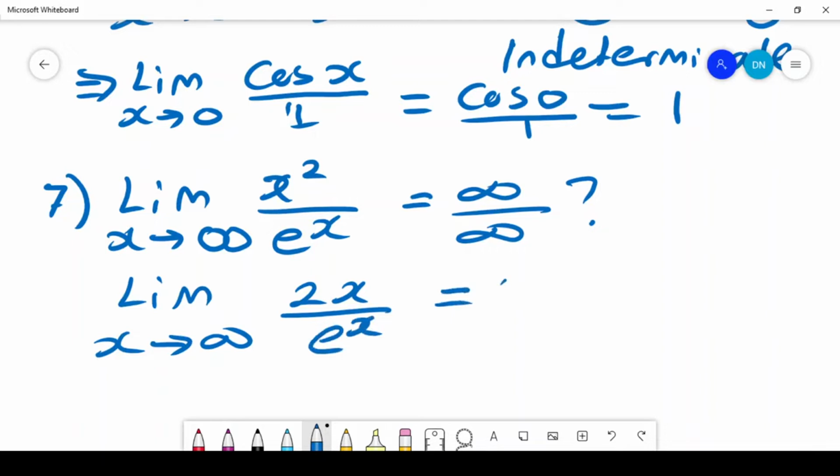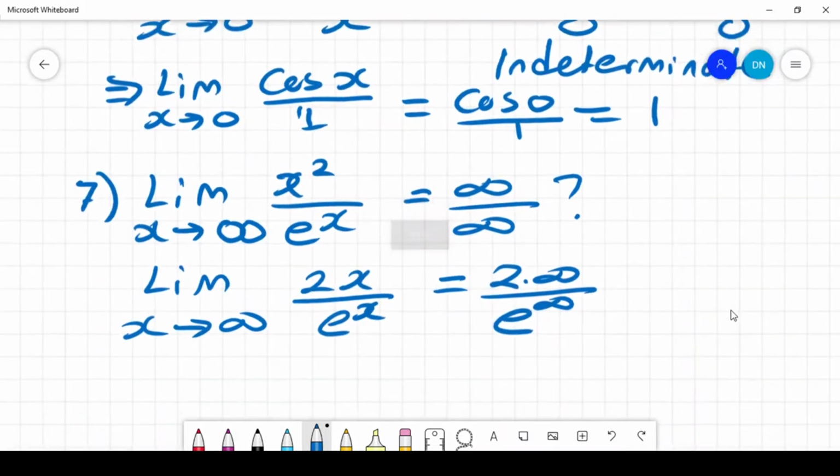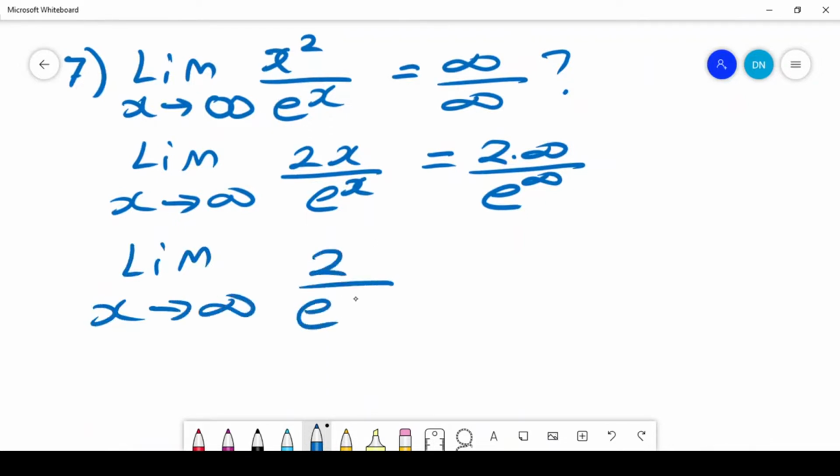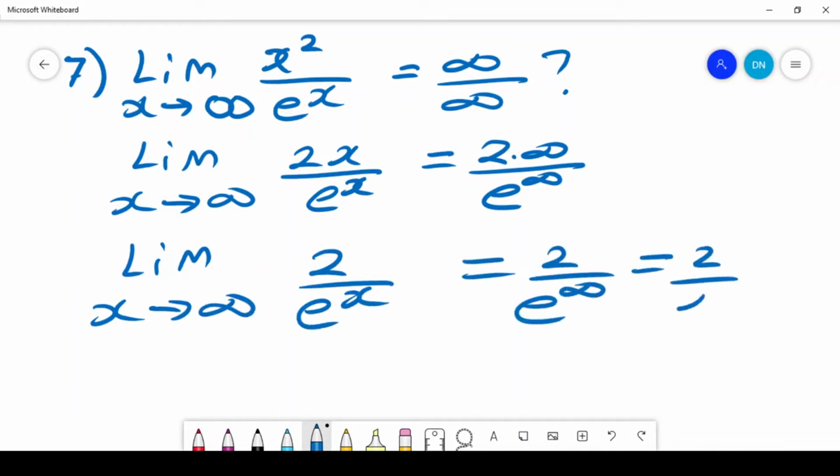If I substitute, I'll get 2 times infinity over e raised to the power infinity. And again, that means we repeat the process because it is giving us an indeterminate form. So it will be 2 over e raised to the power x, and that will be 2 over e raised to the power infinity, which is 2 over infinity.